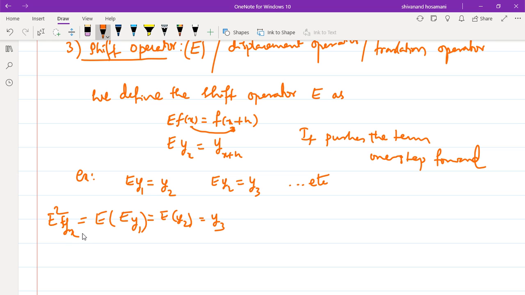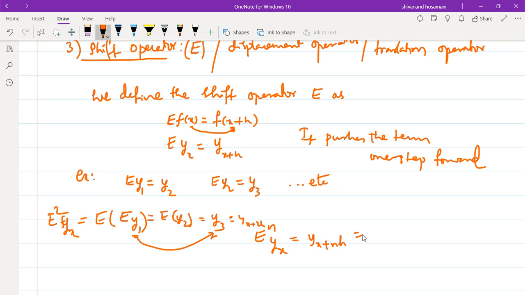If you apply it twice, it moves two steps: here 1 is moved to 3. If you apply it n times to y of x, the output will be y of x plus n times h.